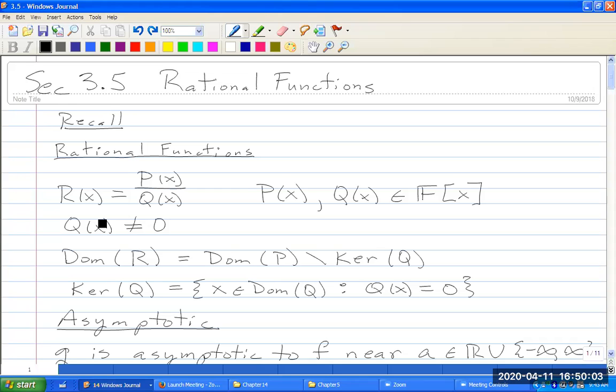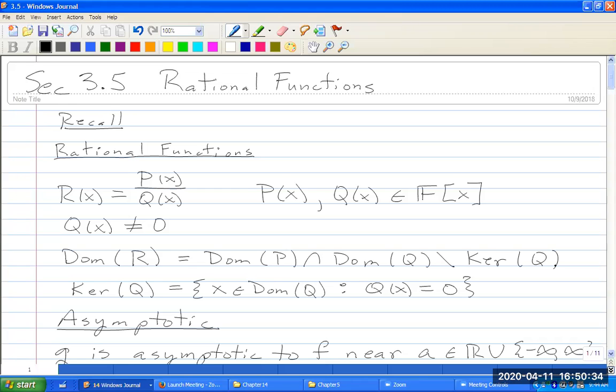Recall that the domain of my rational function r is the domain of p, intersect the domain of q, without the kernel of q.